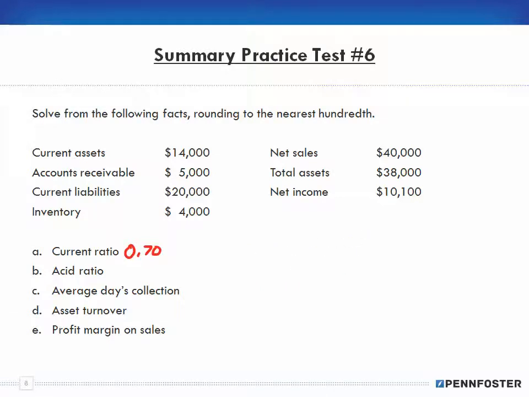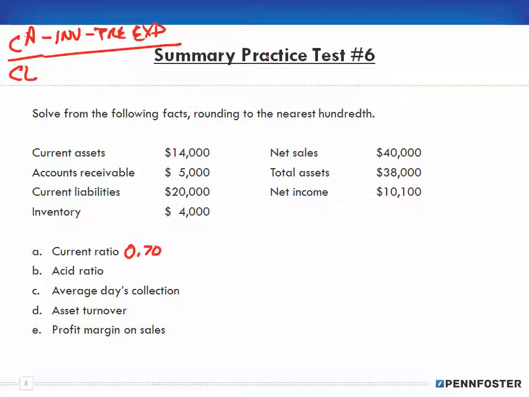Next up is the asset test ratio. Now remember, whereas the current ratio is current assets over current liabilities, the asset test ratio takes out things like inventory and prepaid expenses, because they're not as readily convertible to cash like you could with accounts receivable or a marketable security.